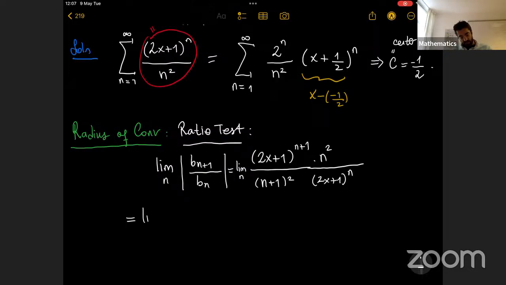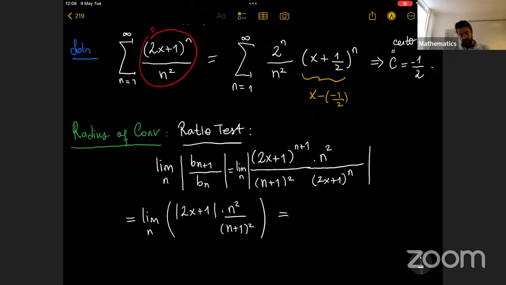So it's going to be the limit, absolute value of 2x plus 1 times n squared over n plus 1 squared. But the nice thing is the limit of n squared over n plus 1 squared is 1.